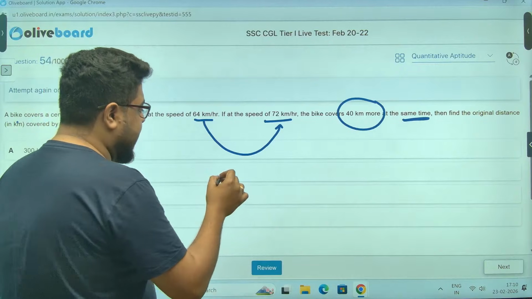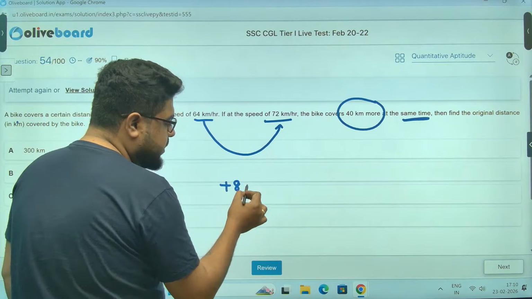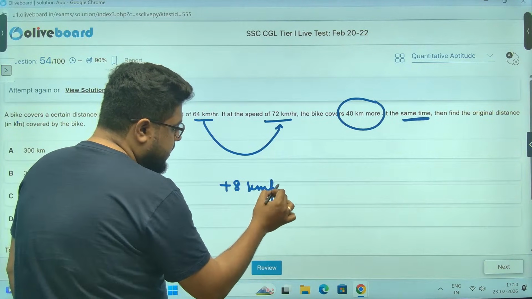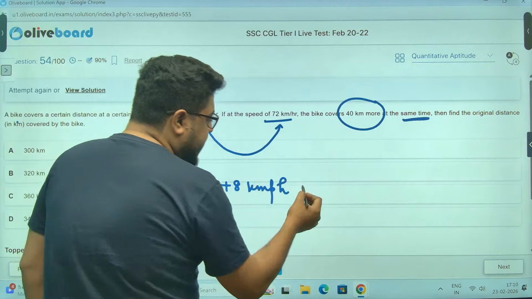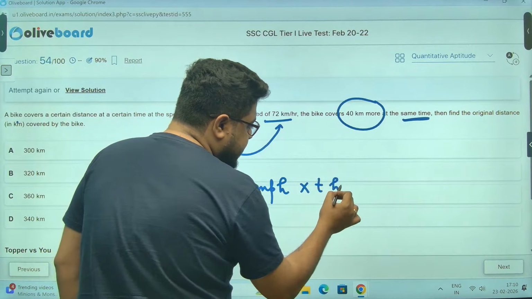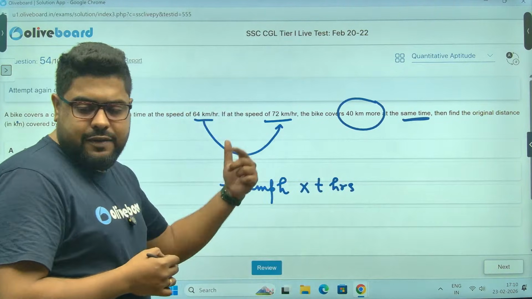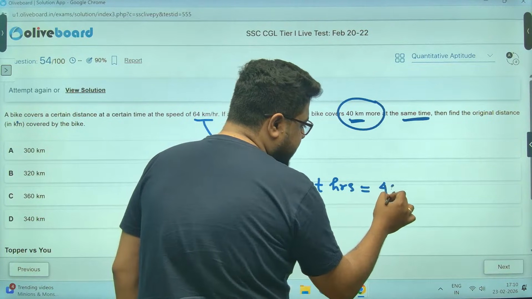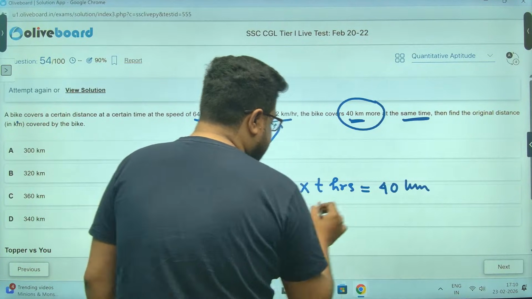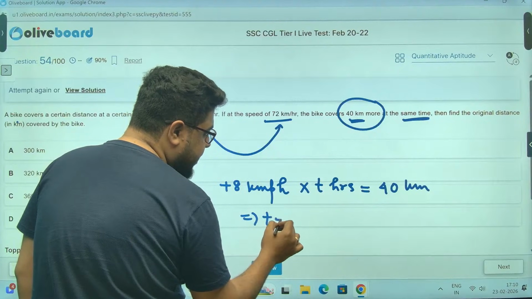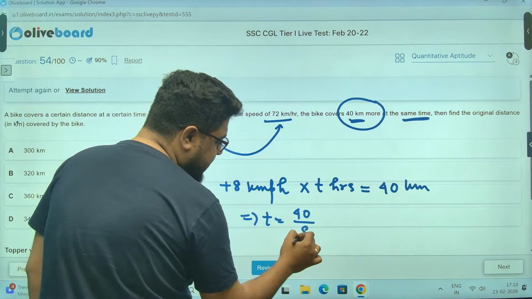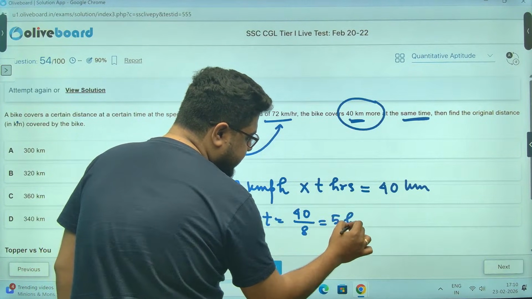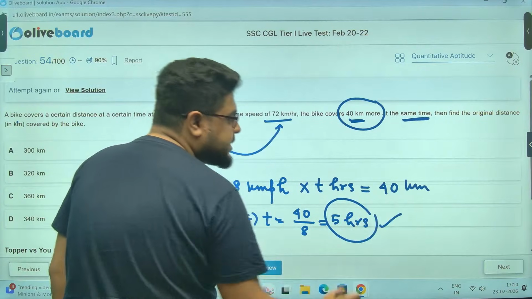Sir, 8 kilometers per hour, into t hours, let's say, the time the bike has traveled. And how much extra distance did they travel? 40 kilometers. So can I say, sir, t will be 40 divided by 8, which is 5 hours. This is the travel time, sir.